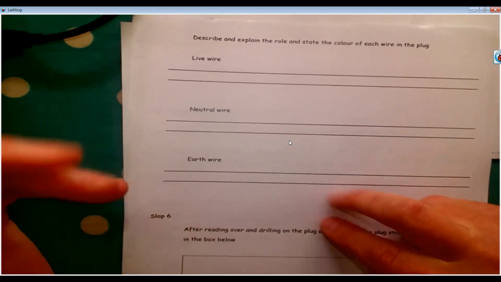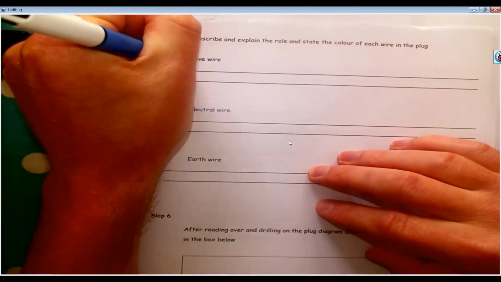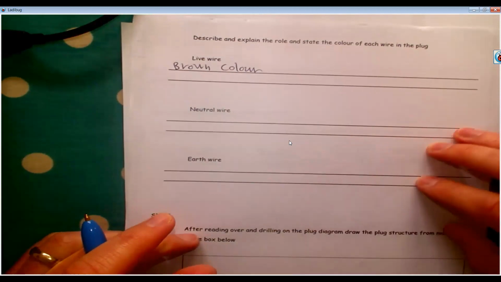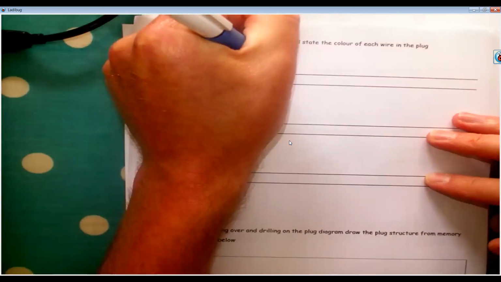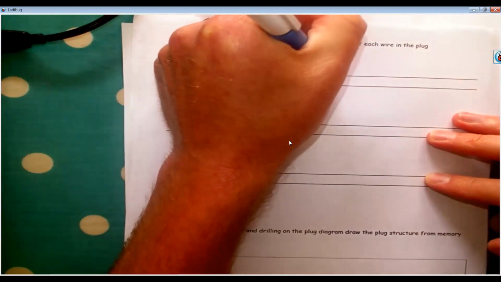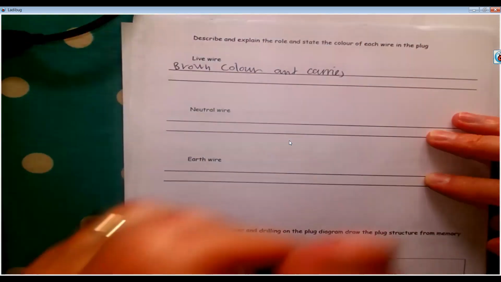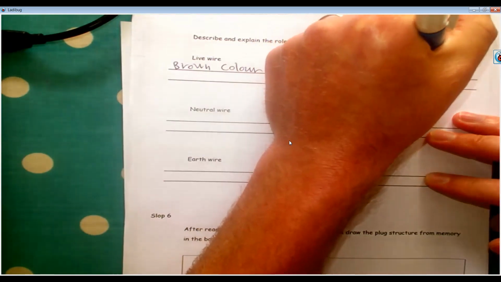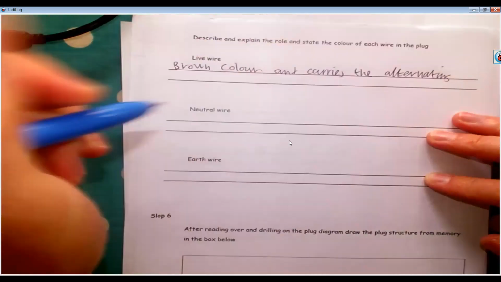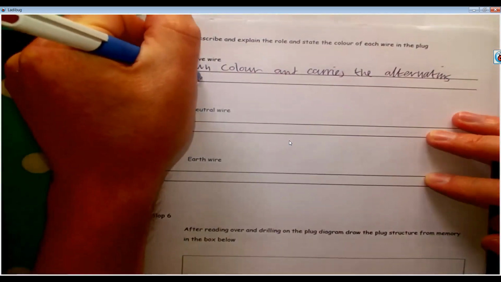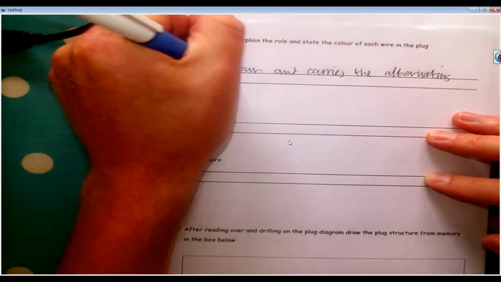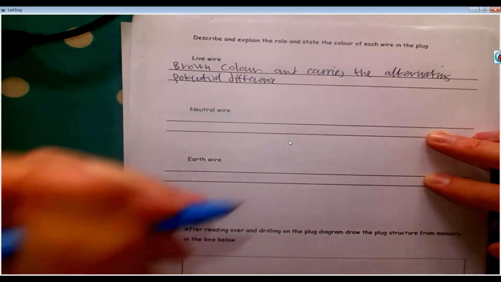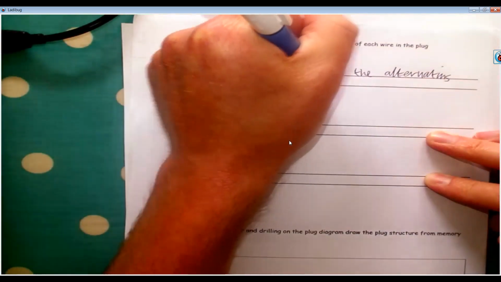So the live wire is a brown color, as we said before, and carries the alternating potential difference from the supply.